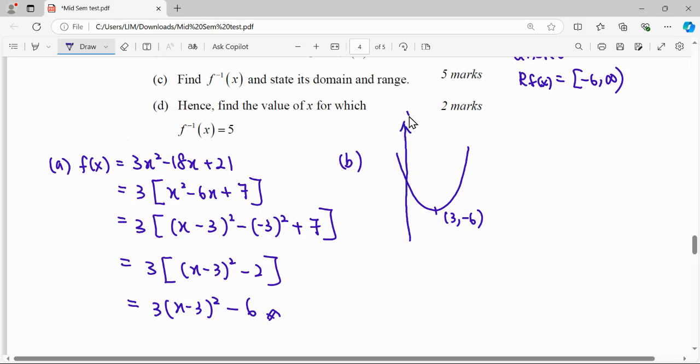Here we have our y-axis and then here will be our x-axis. So just sketch it only. This is our 3, this is our negative 6.